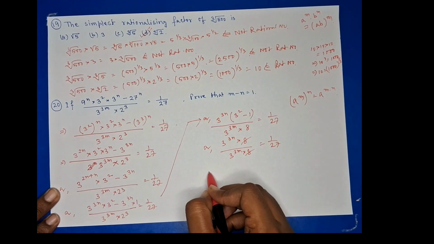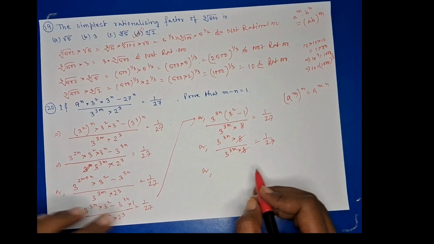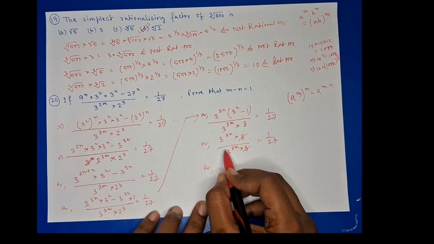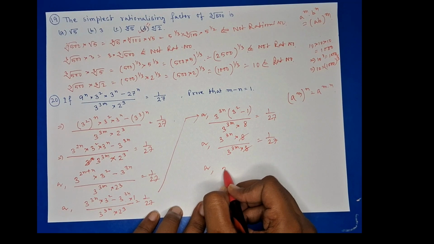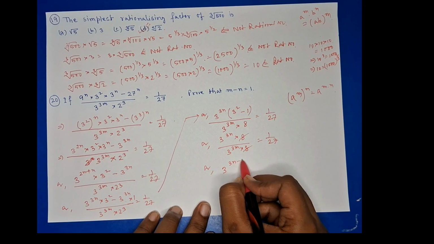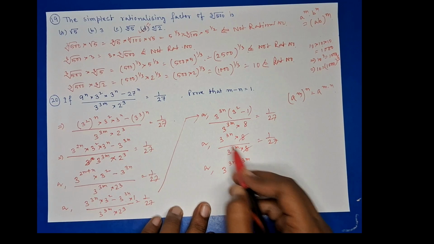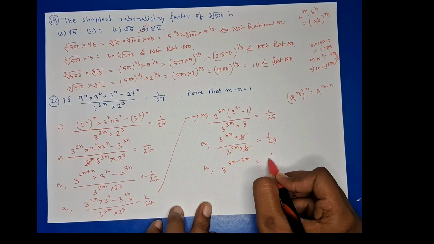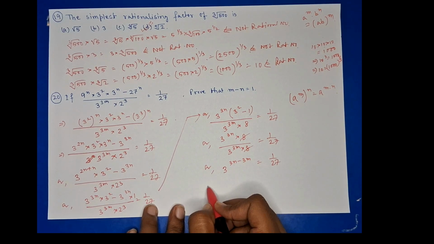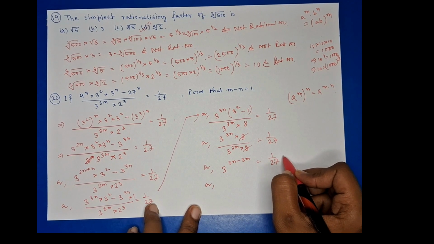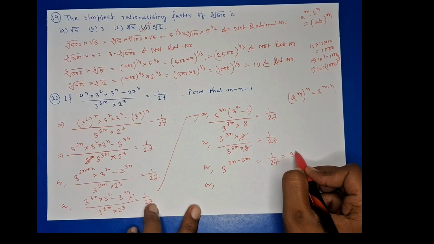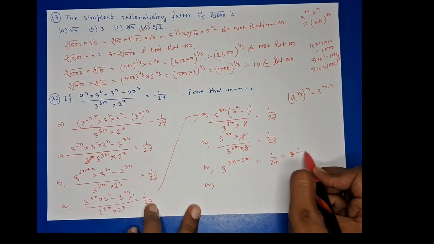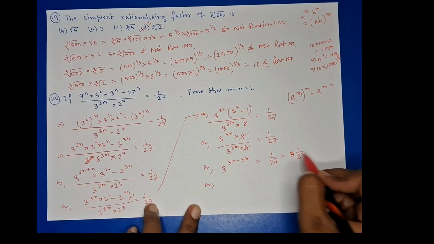8 cancelled. Let's go, that means this is 3 to the power 3n minus 3m. If I take these two, is equal to 1 by 27. Or this 1 by 27 I can write it as 1 by 3 to the power 3.